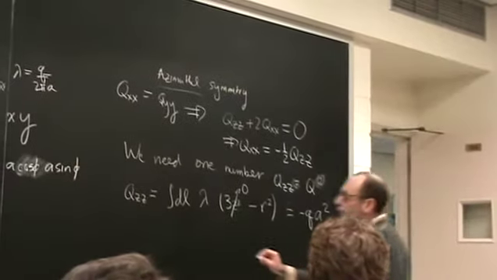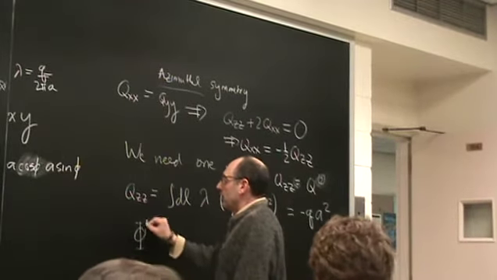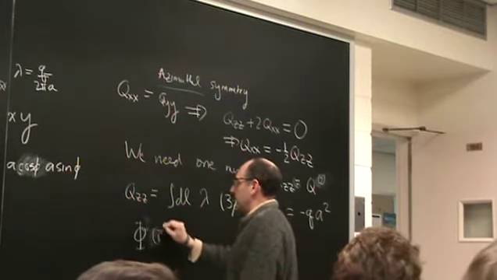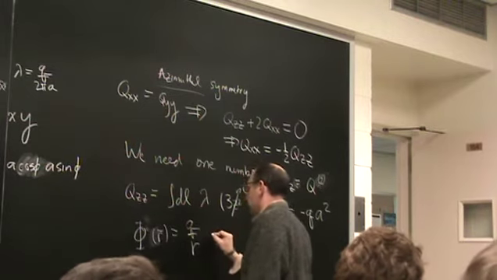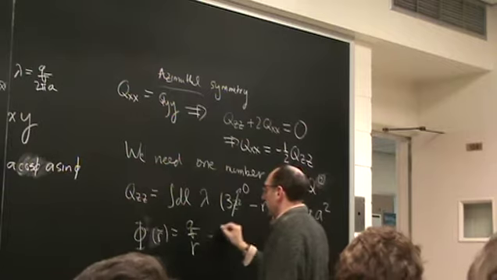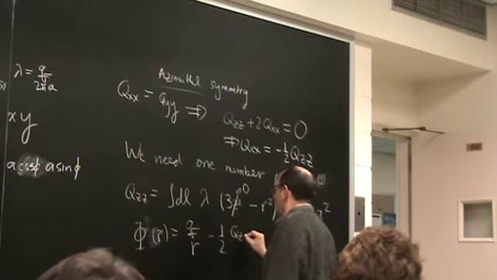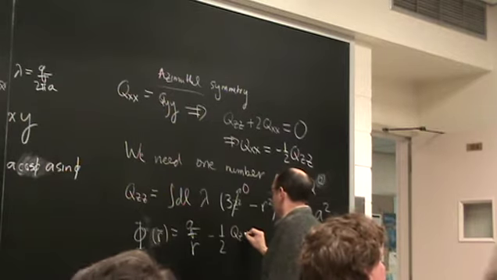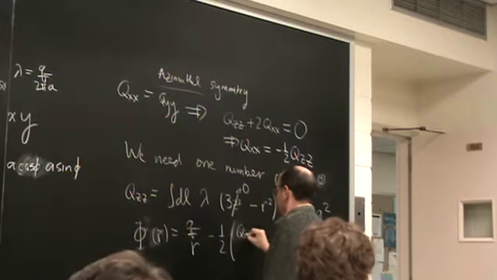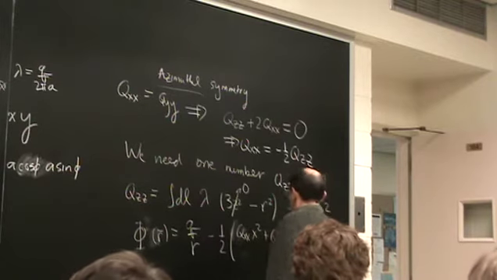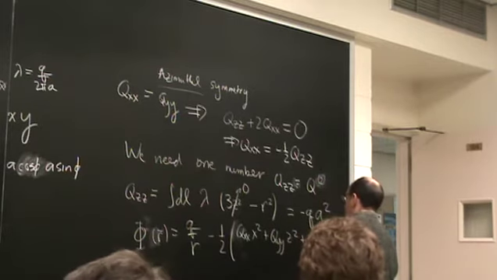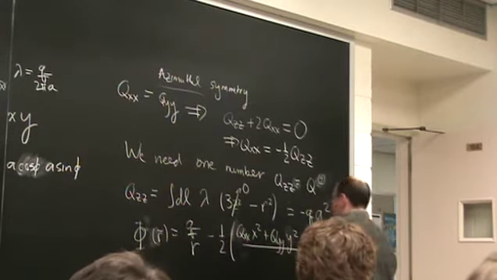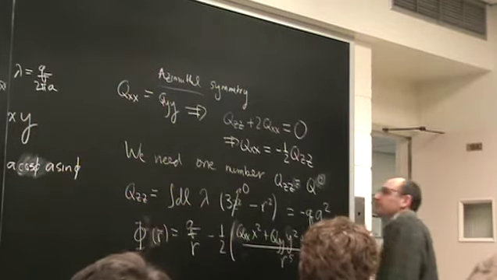So, according to our formula, the potential is equal to, at lowest order, the monopole, and then there are correction terms. In this case, the only non-zero terms are qxx, qyy and qzz. So we have minus a half times qxx x squared plus qyy y squared plus qzz z squared over r to the fifth.